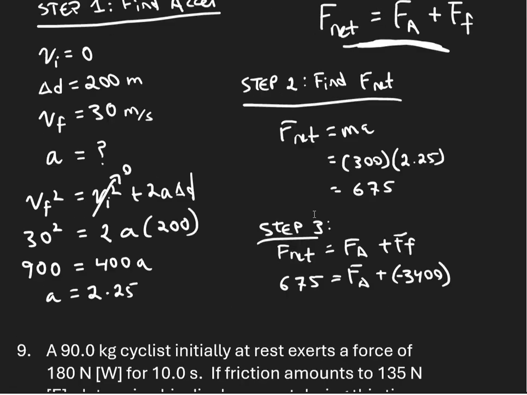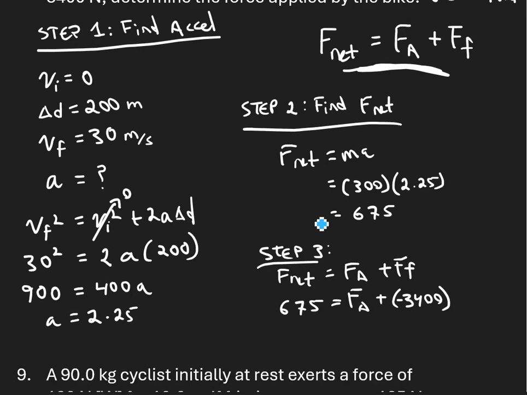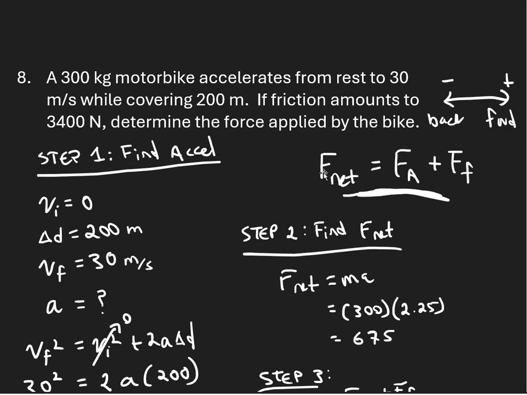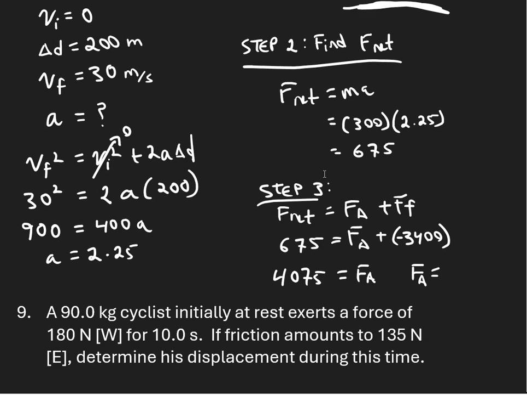I'm going to scroll down just a bit to give me a little more room here. And I'll say, okay, this works out to be 4,075 newtons is my applied force. So if I want to write that as a final statement, I'm going to say my applied force. Let's round this off, right? How many sig figs? Looks like 1. Okay, we're going to round off to 1 sig fig.